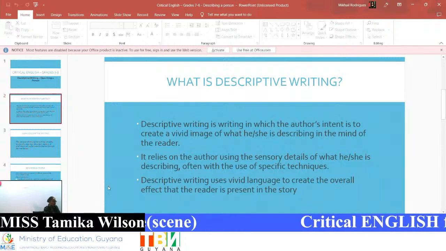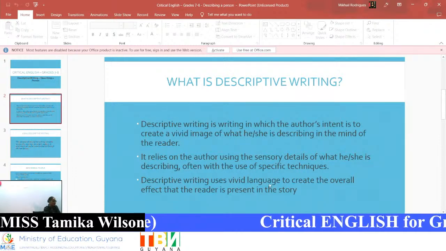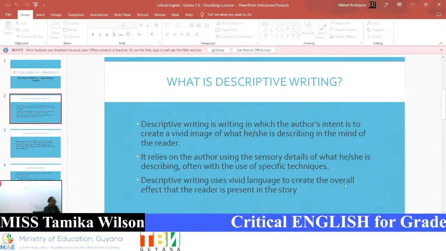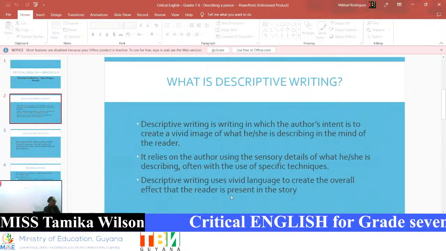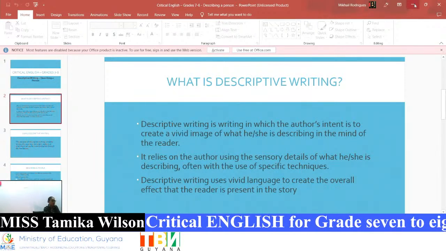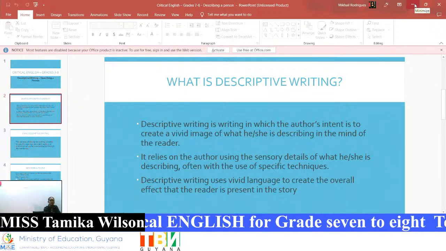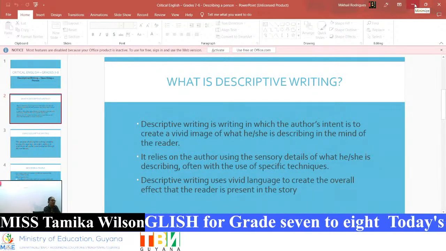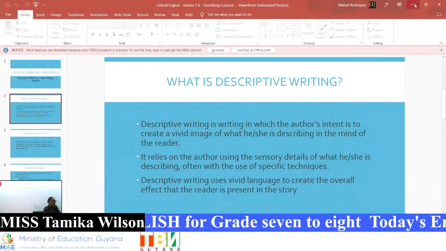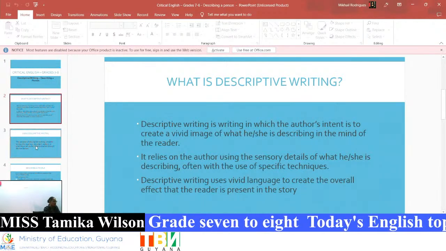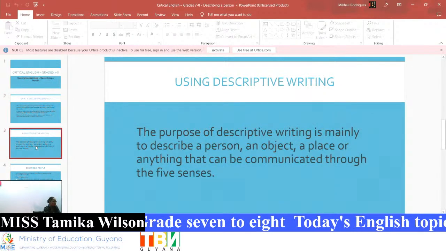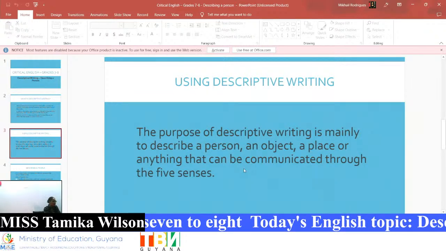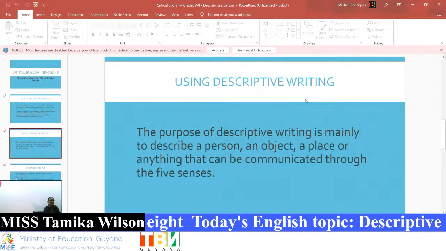This type of writing uses vivid language to create the overall effect that the reader is present in the story. So it is the type of writing that describes a person, a place, a thing, or an object, or anything that can be communicated through the 5 senses.